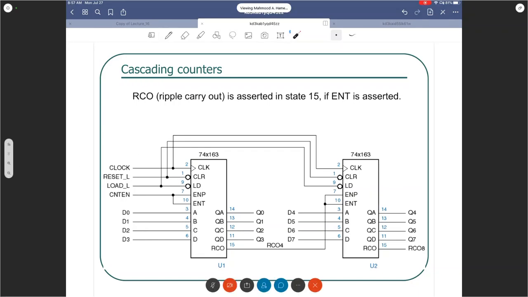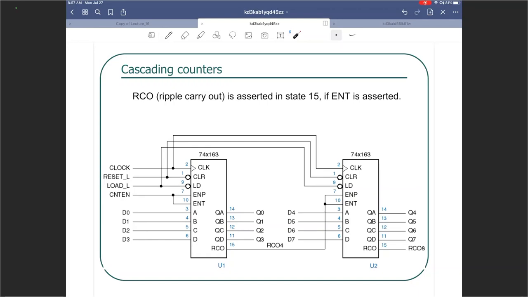All I would have to do is use the RCO output from the first stage to connect to the enable of the second stage. So only when the outputs of the first counter go to 1, 1, 1, 1, the next counter is enabled to go up one value, right?